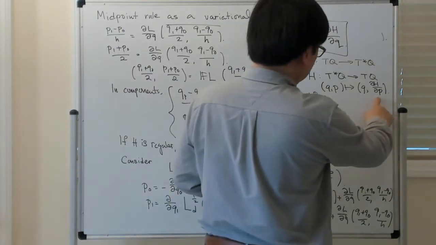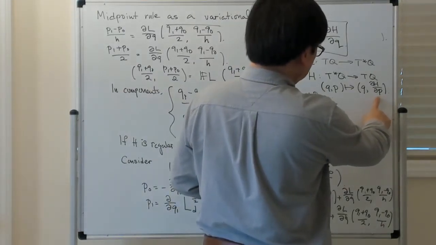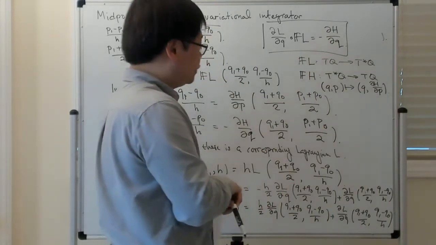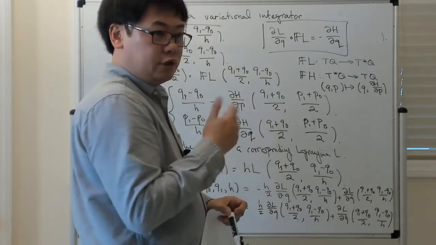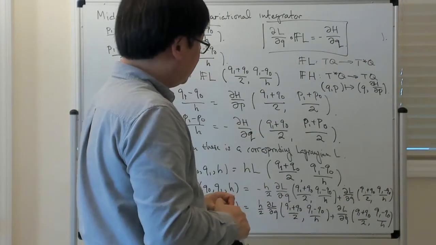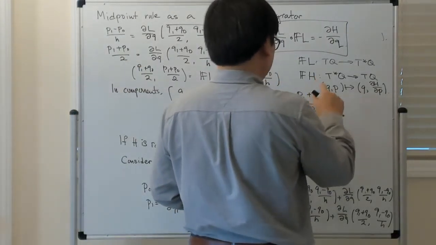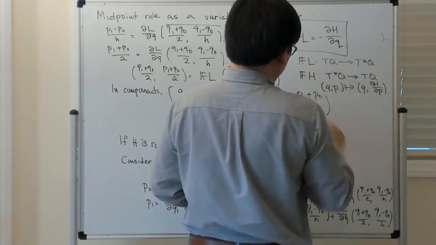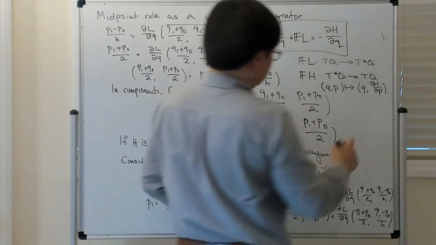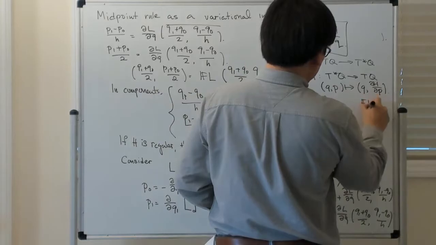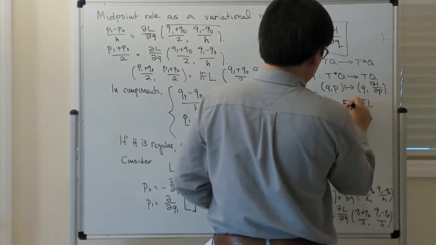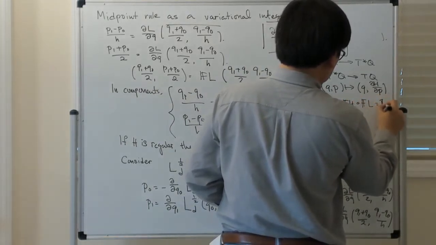Then this corresponds to basically M inverse p, which is of course the velocity, in the usual way. So the point is that FL and FH are inverses of each other. So if you take FL and you compose it with FH, you get the identity on TQ.